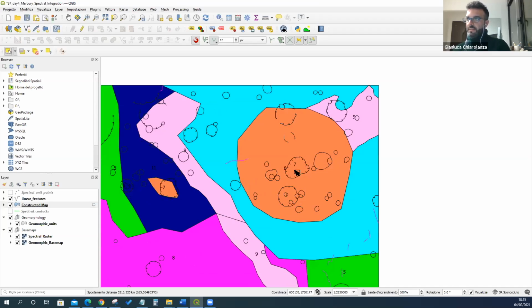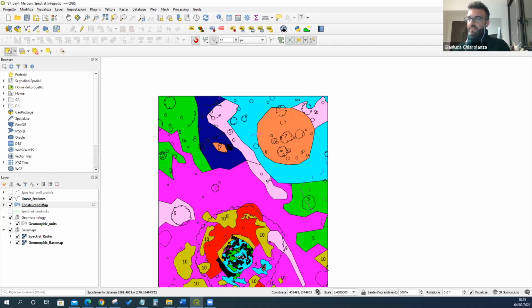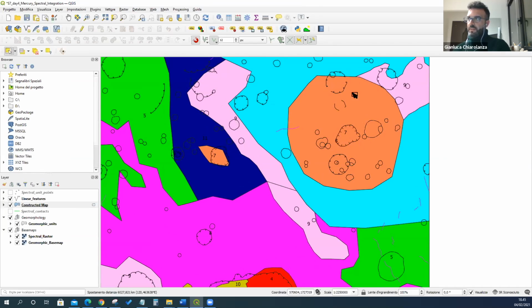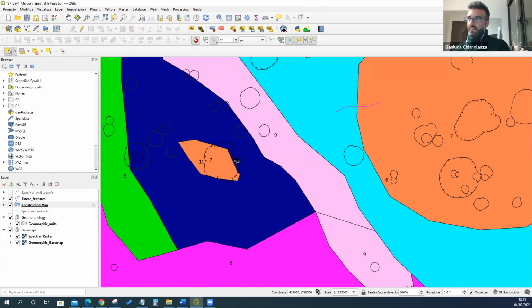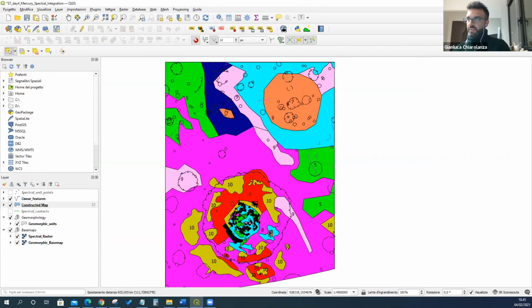Similarly, I could identify some other similar locations just west of this larger one. There's even here a pit surrounded by the rim.